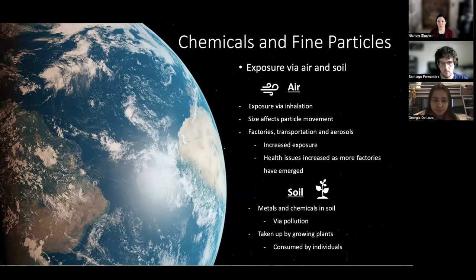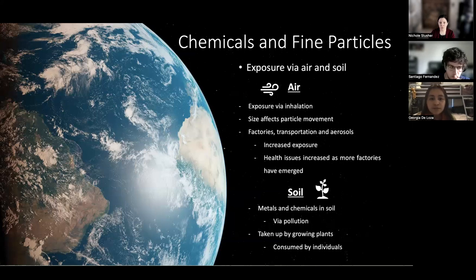Exposure via the soil is a little less direct than air exposure. Many of the substances linked to the soil are metals or chemicals found in or added to soil via pollution. When one plants crops or vegetation in the soil, the substances found in the soil, such as these metals, chemicals, or particles, can then be taken up by the plants growing in the soil.